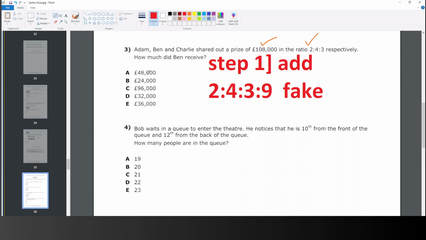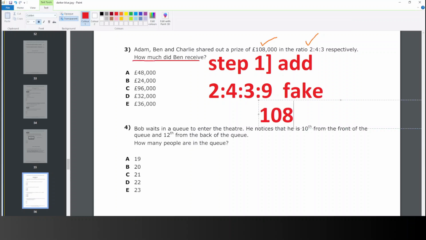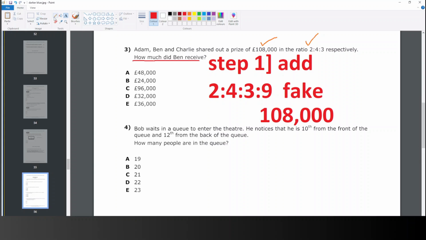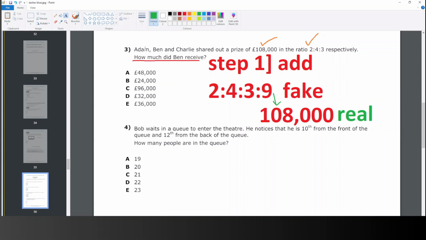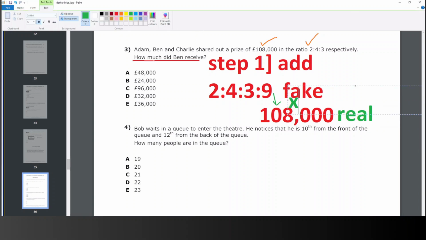Now underline the important bit. How much did Ben receive? Put that underneath. 108,000. Maths is all about going from one number to another. How do we go from the fake to the real total? 108 divided by 9 is equal to 12.